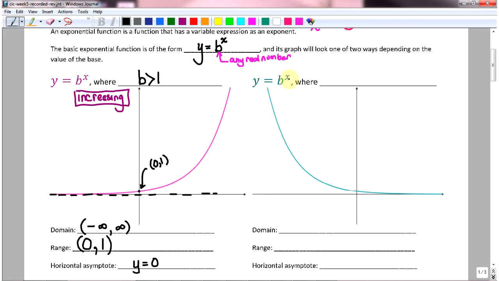The second possibility is going to be a decreasing function, and that's if the number b is a fraction that's between 0 and 1. So if it's between 0 and 1, we'll end up with this decreasing graph.